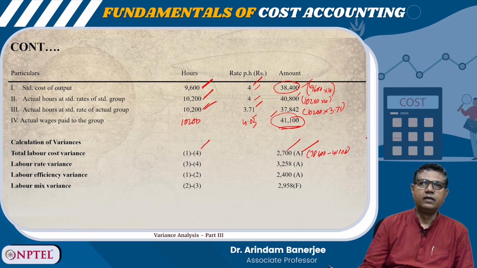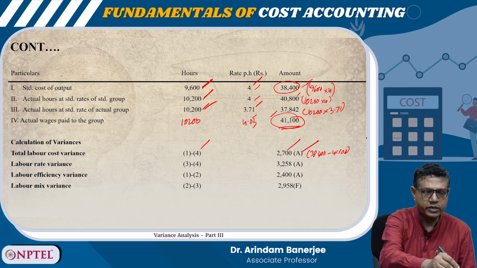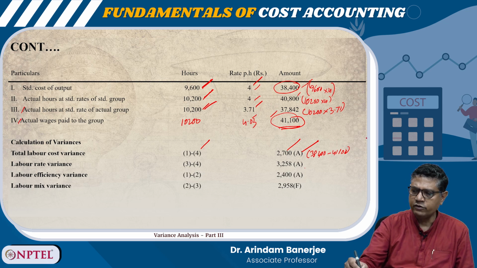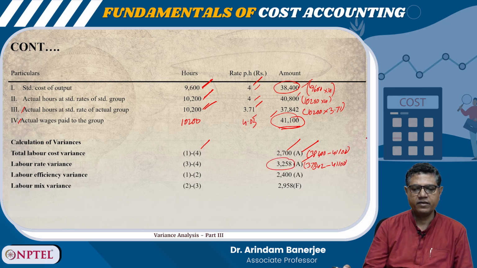The labor rate variance we can calculate 3 minus 4. So 37,842 minus 41,100, so it comes to 3,258 adverse.